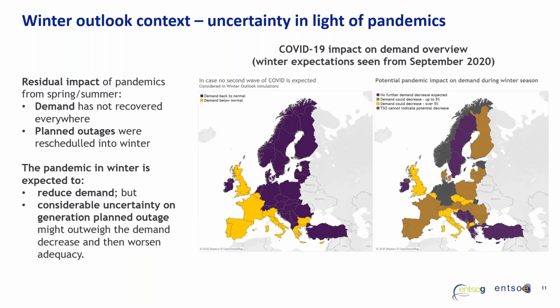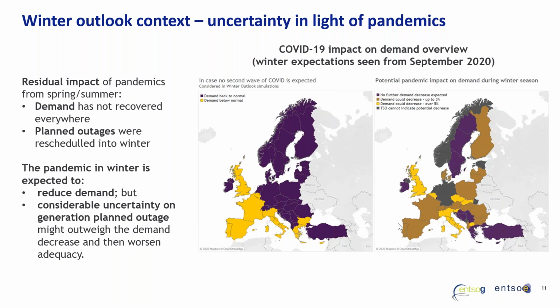On the left-hand map, the purple countries indicate that even if there was a demand decrease during the first pandemic wave, the demand has recovered to the normal levels for the winter season, or it would have recovered if not for the pandemic peaking again.